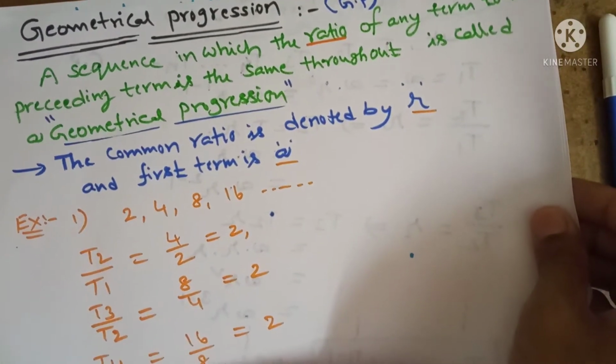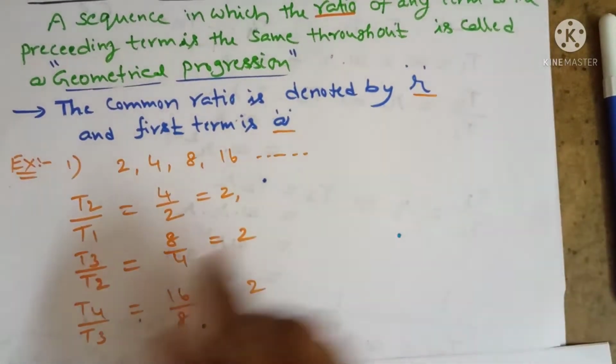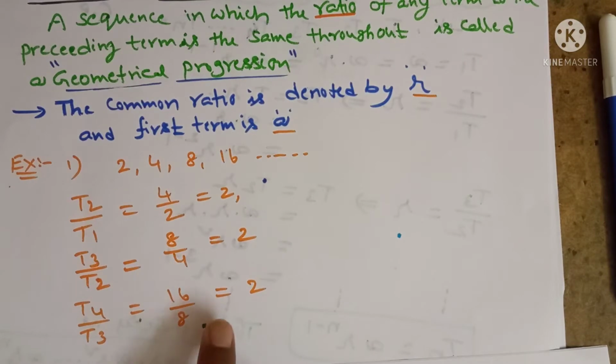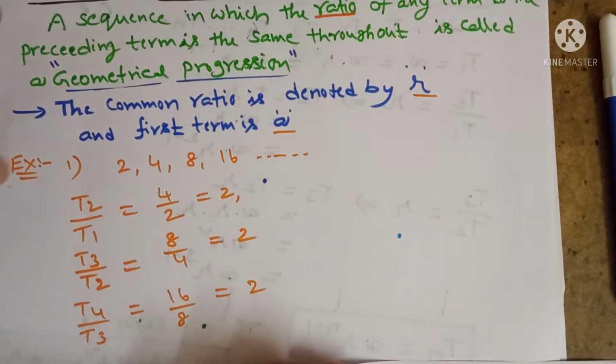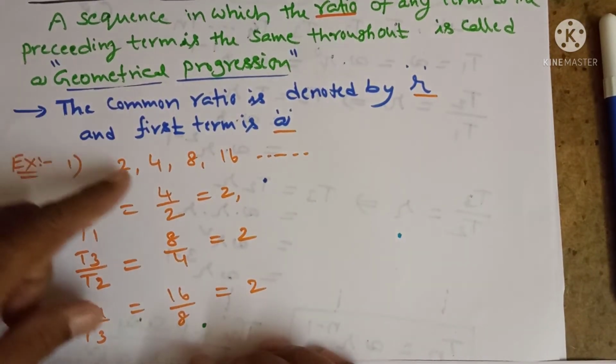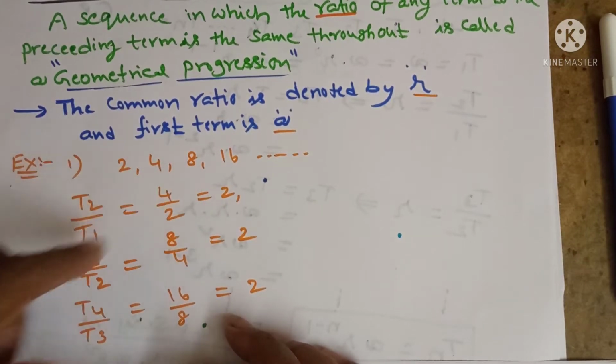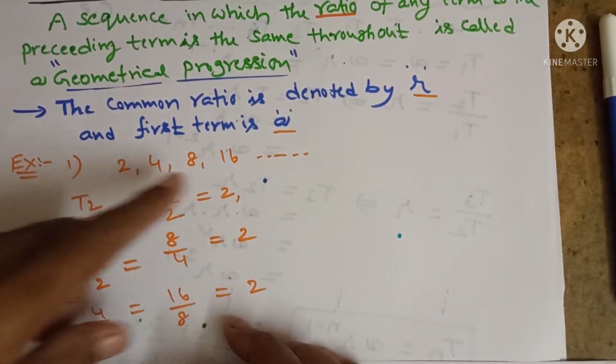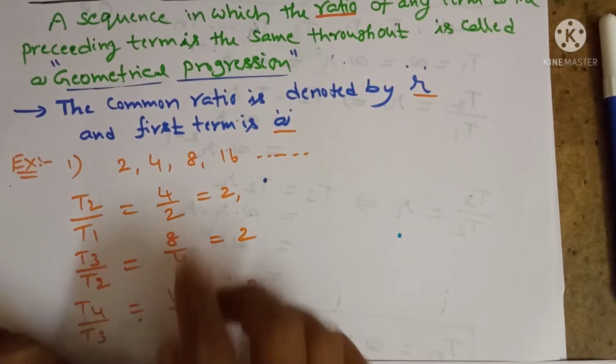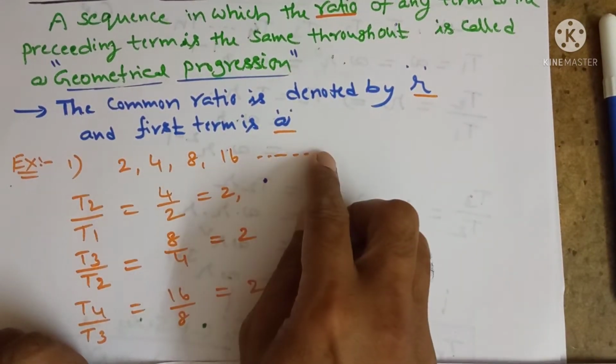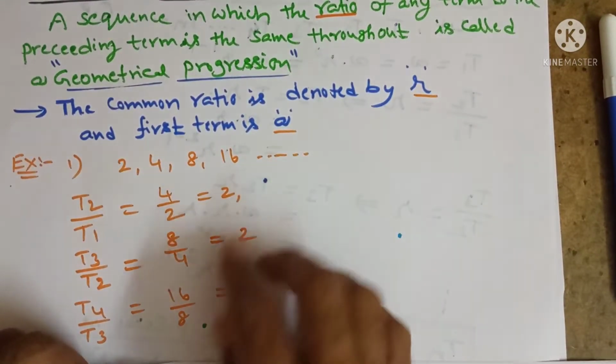Next, T4 divided by T3, 16 by 8, is 2. Throughout the sequence, the ratio is the same. So, the given sequence is in geometrical progression.